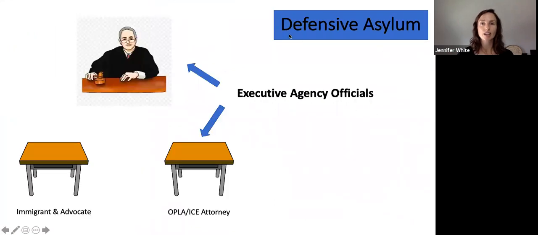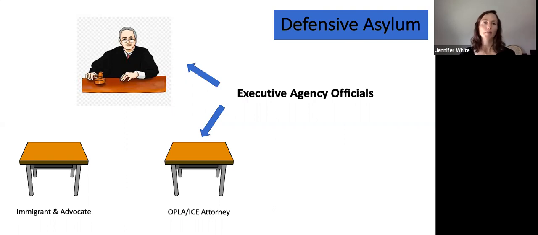So defensive asylum, as I mentioned, is just court. It's where you apply for asylum in court. So you'll notice the way I mapped out this screen here. Hopefully you can see it. You have the immigrant and the advocate on one side of the courtroom sitting at their table. We call it counsel's table usually.